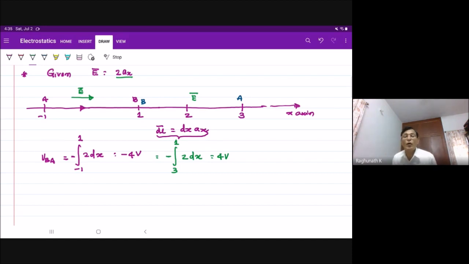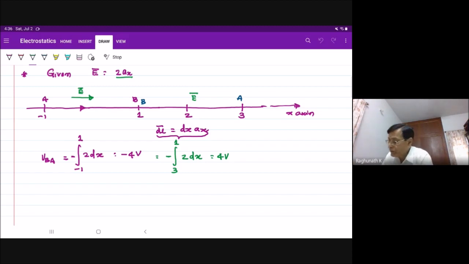We need to do the work if I want to move it from A to B because I'm working against the field force. When the work is done against the field force, minus E bar dot dL bar returns a positive value. Otherwise, if it is moved in the direction of the field force by the field only, minus E bar dot dL bar will return a negative value.